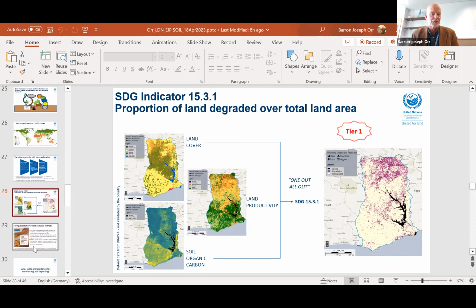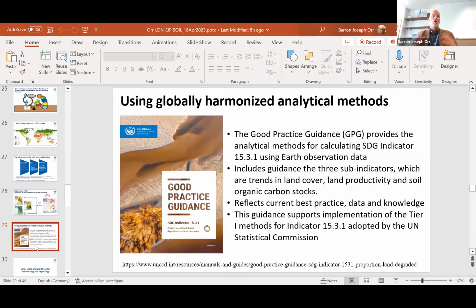It is considered degraded in that location. All of this is part of the SDG process for tiers. We're now a tier 1 indicator, meaning that the guidance has global standards. Many of you actually contributed to the process of identifying those standards and incorporating them into this good practice guidance.